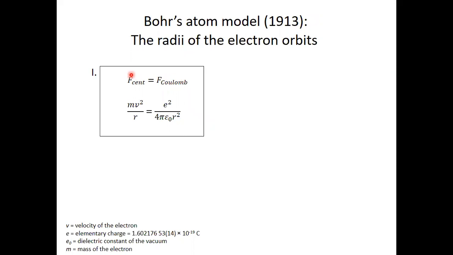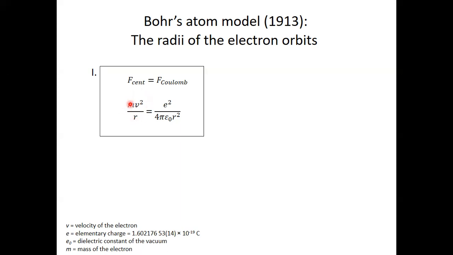According to classical mechanics, the centrifugal force is the mass times the velocity squared over the radius, whereby the mass is the mass of the electron, the velocity is the velocity of the electron in the orbit, and r is the radius of the orbit.